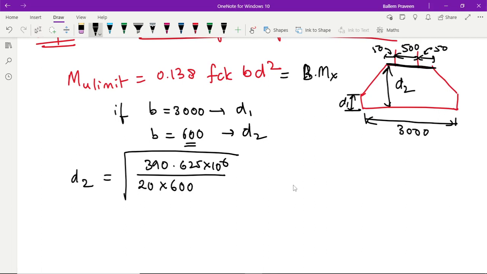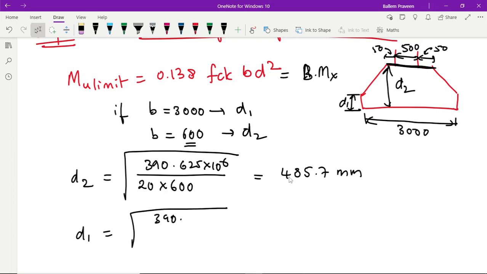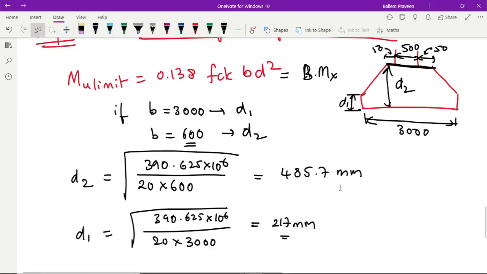So it will be around 485.7 mm. Similarly, if I want D1, I will substitute the bottom width, same formula, 390.625 into 10 to the power of 6 divided by 0.138 into 20 into 3000. You will get around 217 mm.